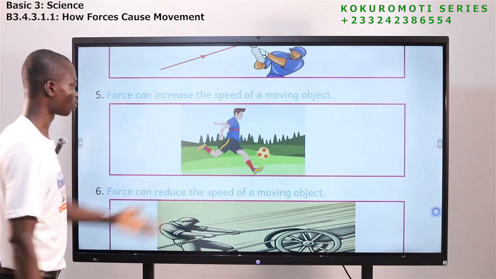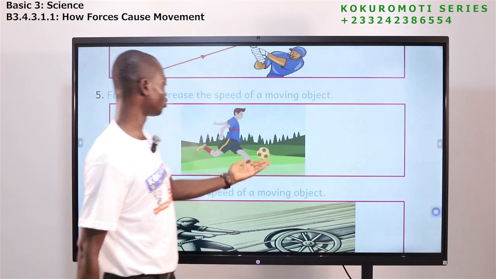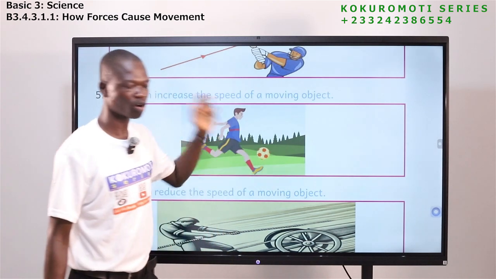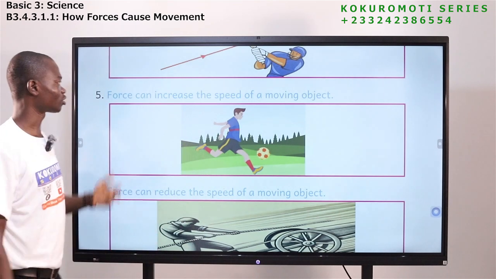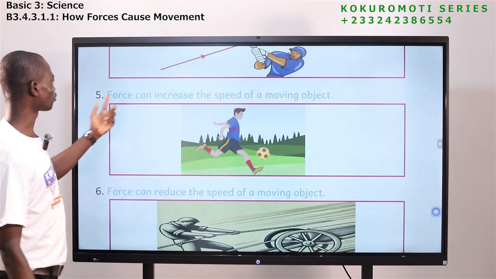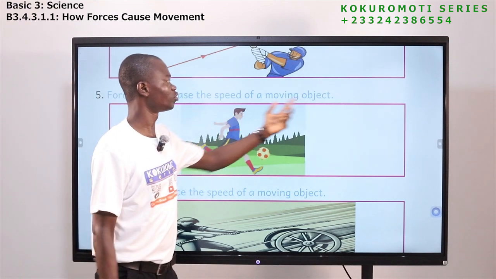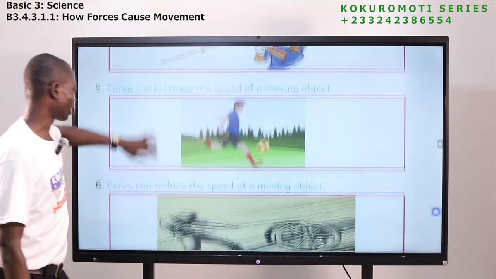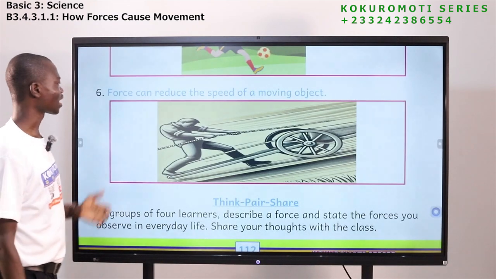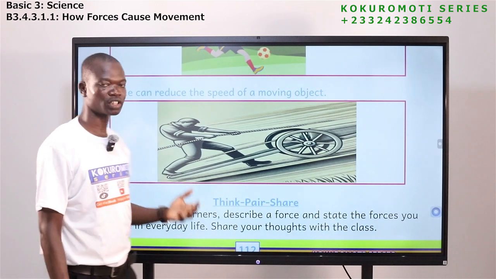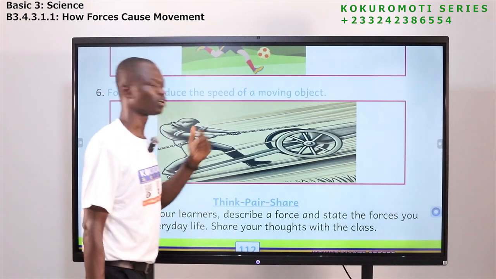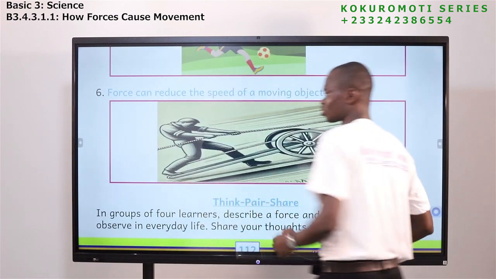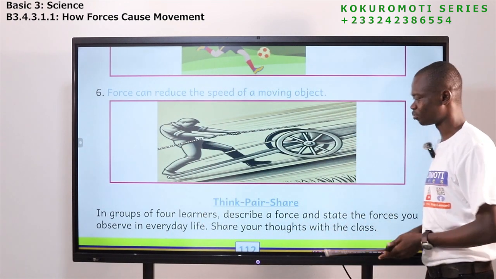For example, the ball is moving, but the moment the person kicks the ball, the speed will be increased. So force can increase the speed of a moving object. And the last one that we mentioned as one of the effects of force is that force can reduce the speed of a moving object.